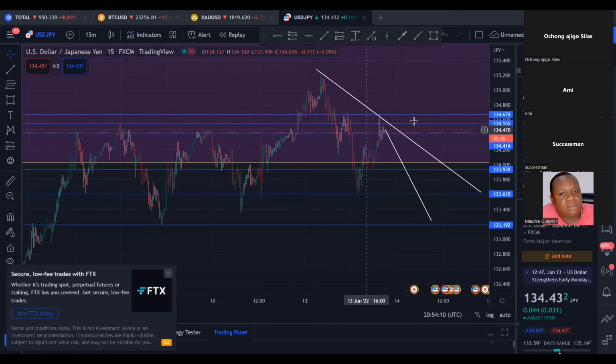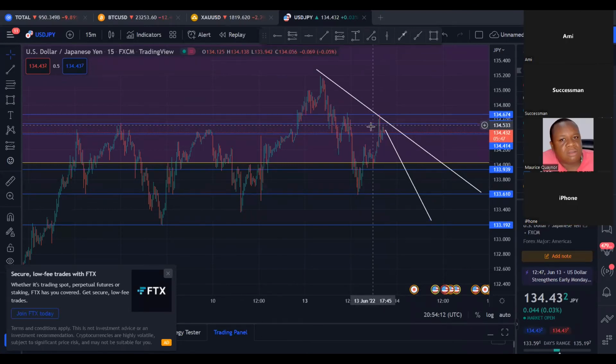So if I spot this as my setup, frankly speaking, I'll put my stop loss somewhere a little bit outside this whole region. So let me annotate it. I'll put my stop loss here, somewhere a little bit above.